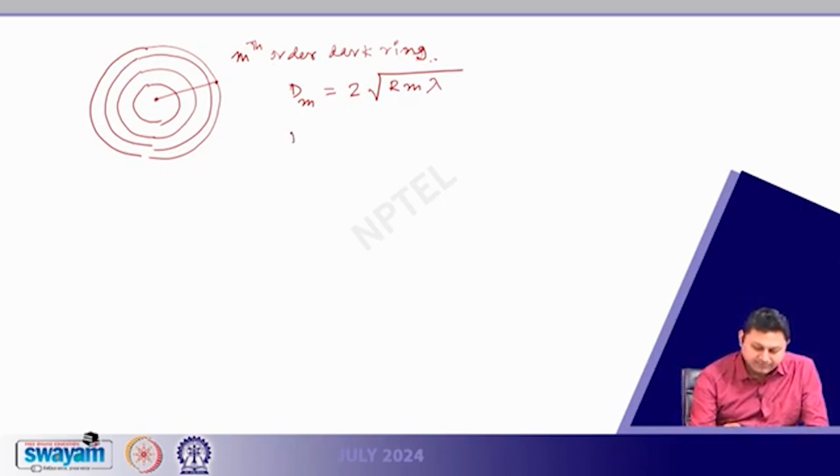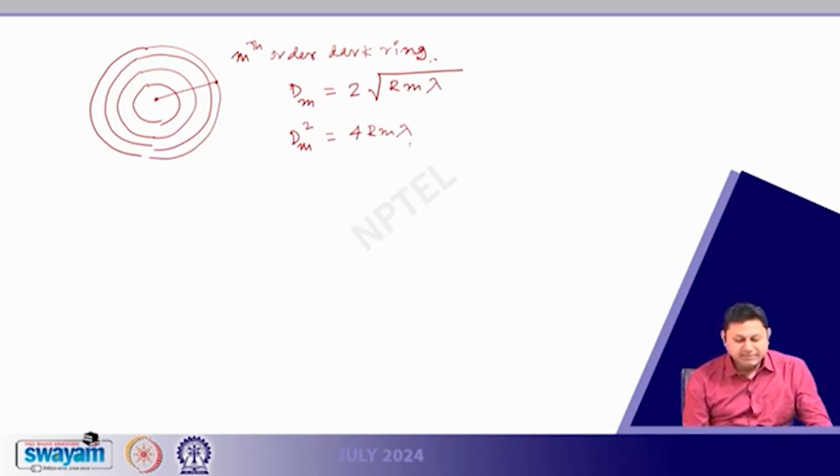So, I can have dm square here as 4 r m lambda. So, I can measure the mth order dark ring, and if dm is measured, then this value will be 4 r m lambda.